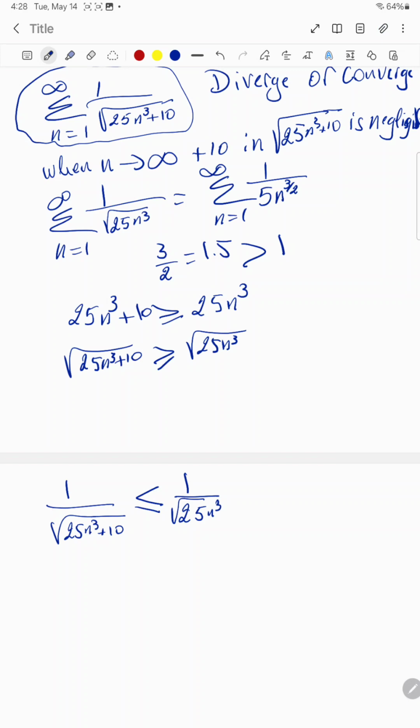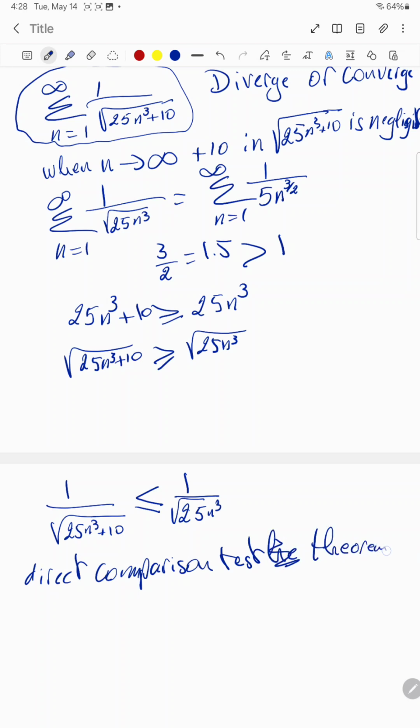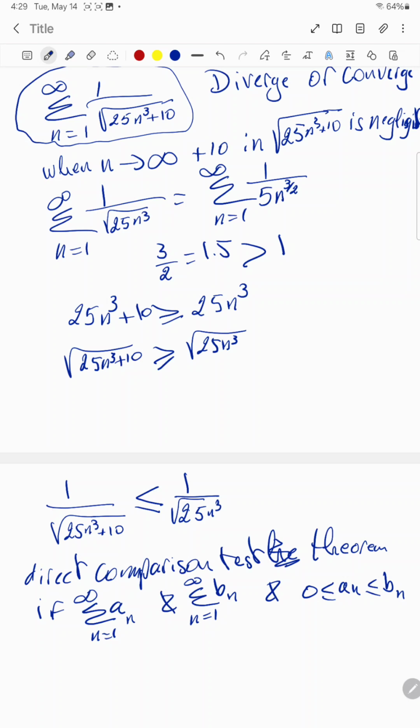So now by the direct comparison test theorem, which says: if I have two series, the sum from n equal 1 to infinity of a_n, and the other one the sum from n equal 1 to infinity of b_n, with the n below the a and b, and if 0 is less than or equal to a_n, which is less than or equal to b_n, so b_n is greater than a_n and a_n is greater than 0.